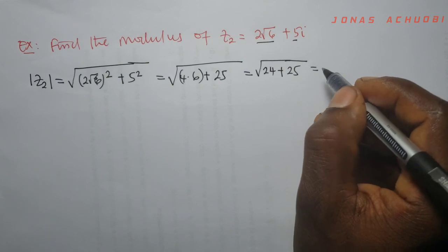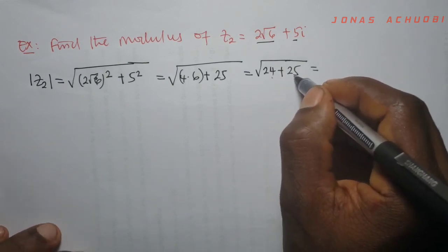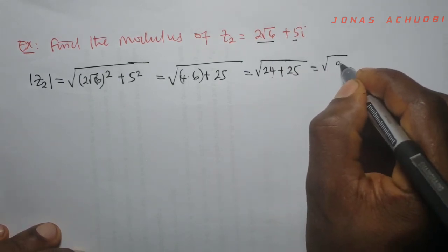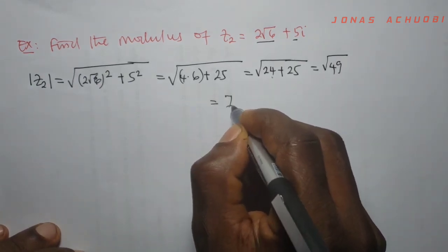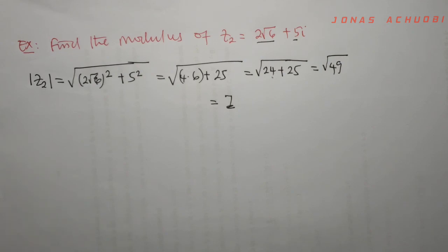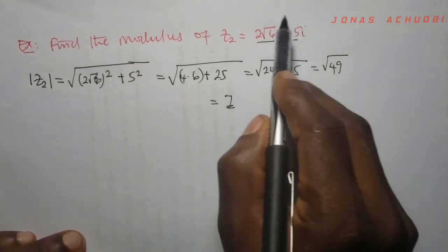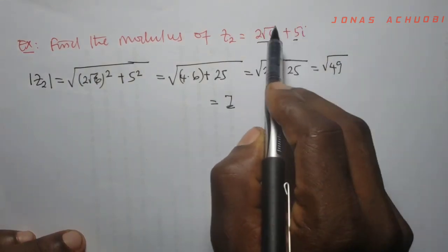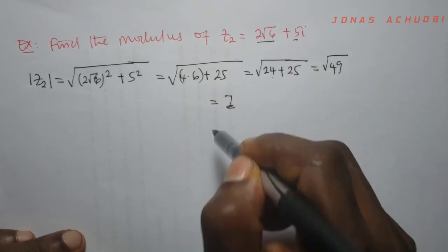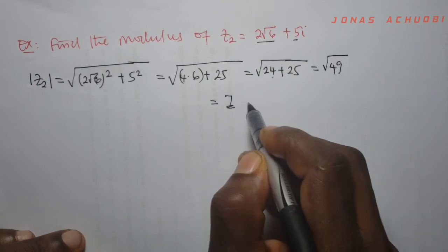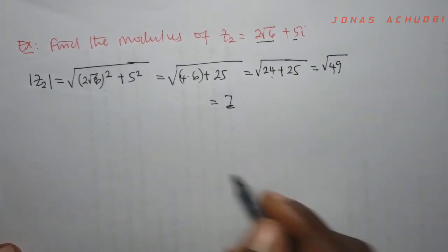That gives us the square root of 49. And what is the square root of 49? 7. So once again, if you locate this complex number on the Argand plane, the distance or length of the complex number from the origin will be 7 units.